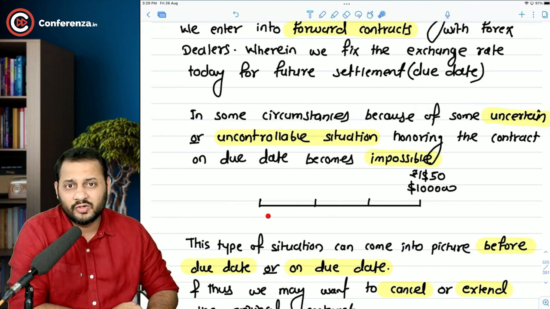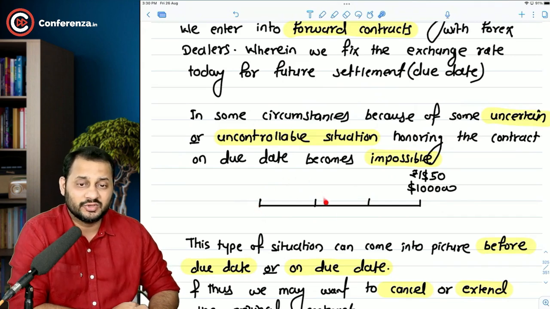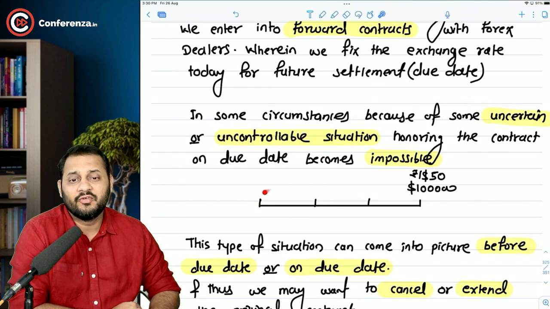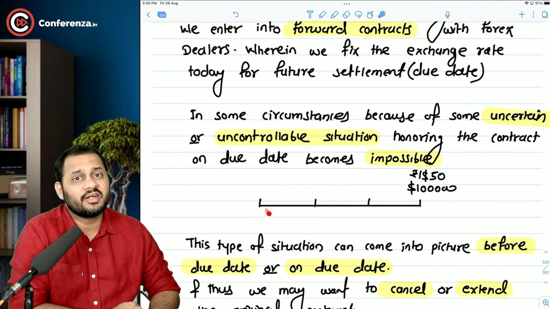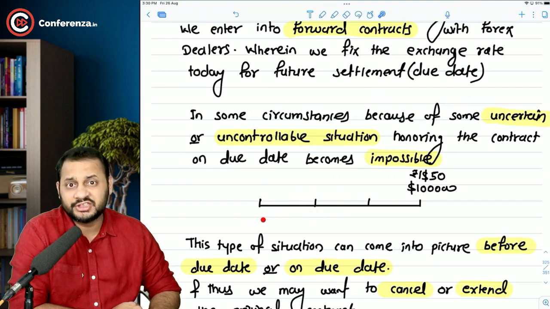Once you have entered into a forward contract, the only way to close that position is to cancel the contract by taking the opposite position. So if you had agreed with the bank that you are going to buy dollars, now sell dollars. If you had agreed to sell dollars, now buy dollars. And both the transactions, the original one and the cancellation one, should expire on the same maturity date.